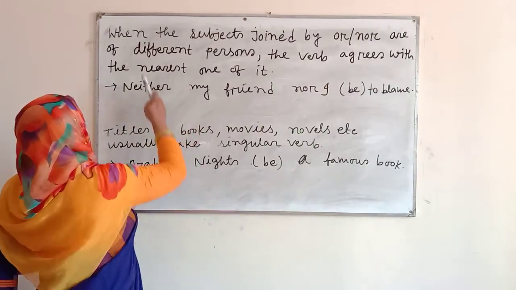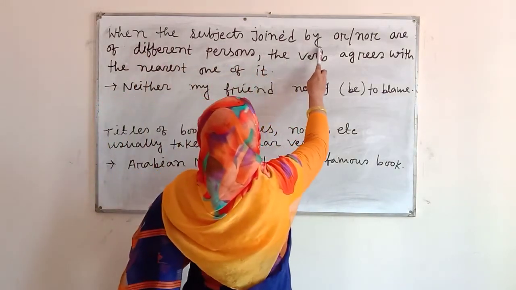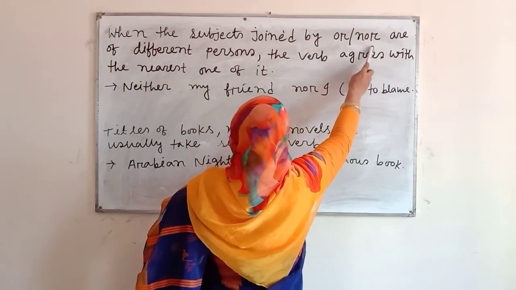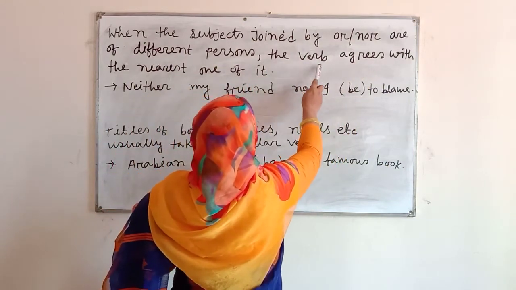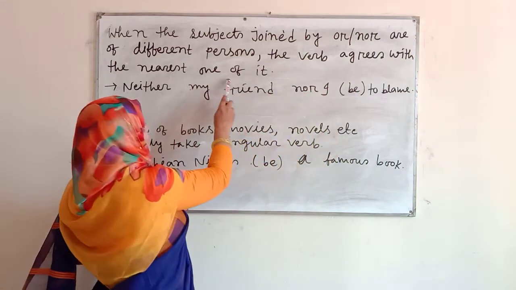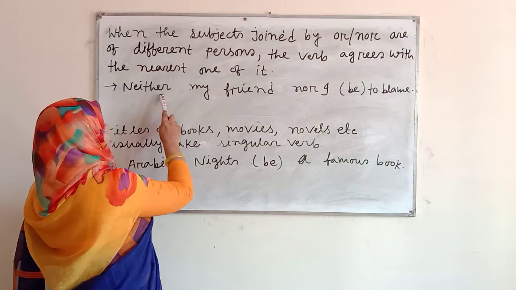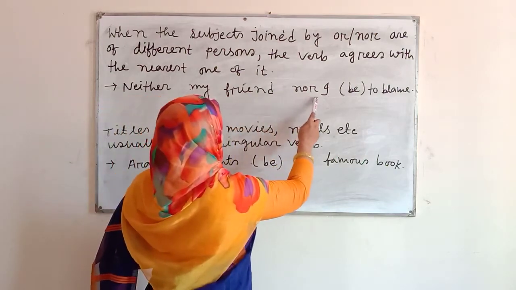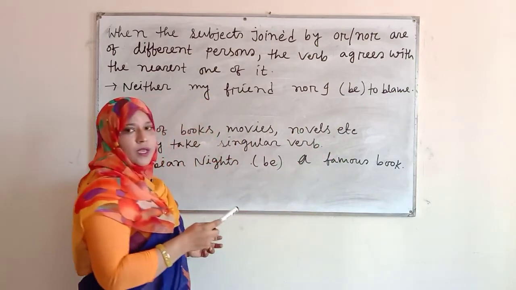Another structure is when the subjects joined by or, nor are of different persons, the verb agrees with the nearest one of it. Example, neither my friend nor I be to blame. Bracket এ আছে be.